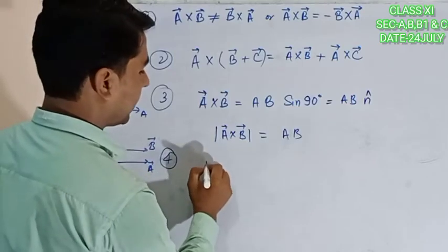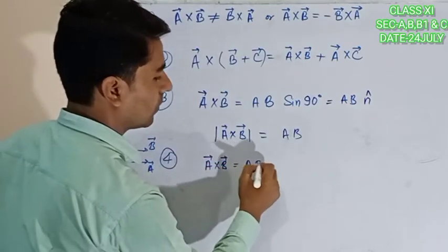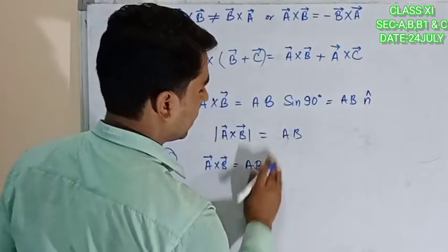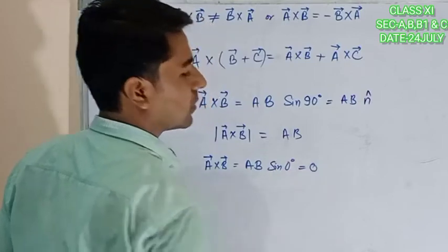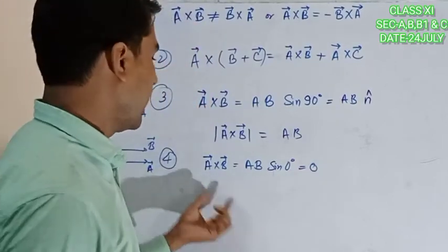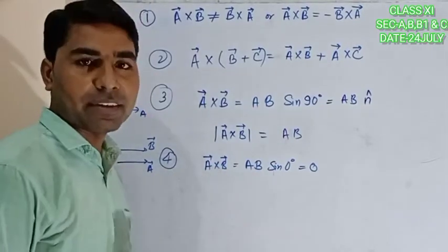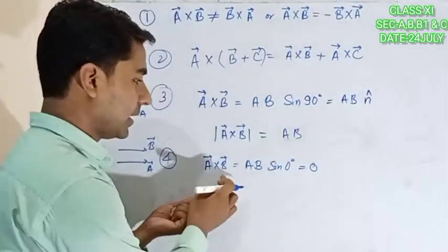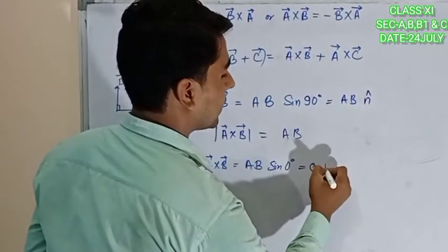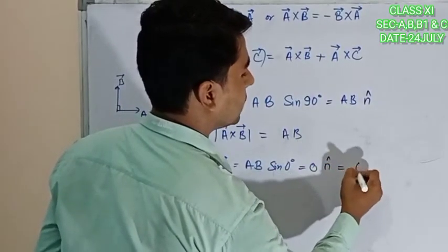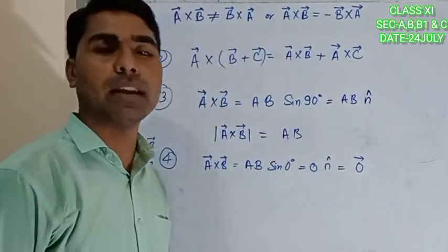Then at that time the answer will be 0. But again you must think about the vector value. Here it is a vector quantity. So what will you obtain here? The 0 with n cap, or 0 vector. Magnitude is 0 but there is a direction.